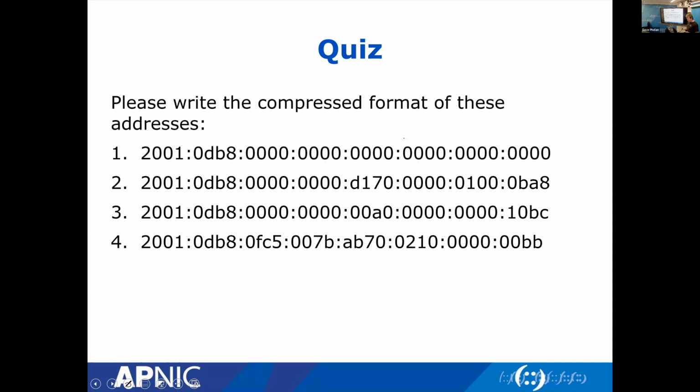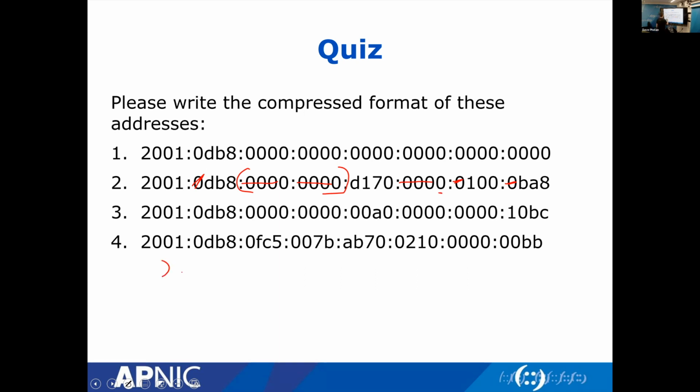Okay, what have I got? 2001 DB8, double colon, D170, 0100, BA8. Yep, now you're getting it. All right, we'll work through it for the benefit of everybody. Leading zeros, gone, gone, gone, gone, gone. Repeating sets, I've got a repeating set here. That is not a repeating set.